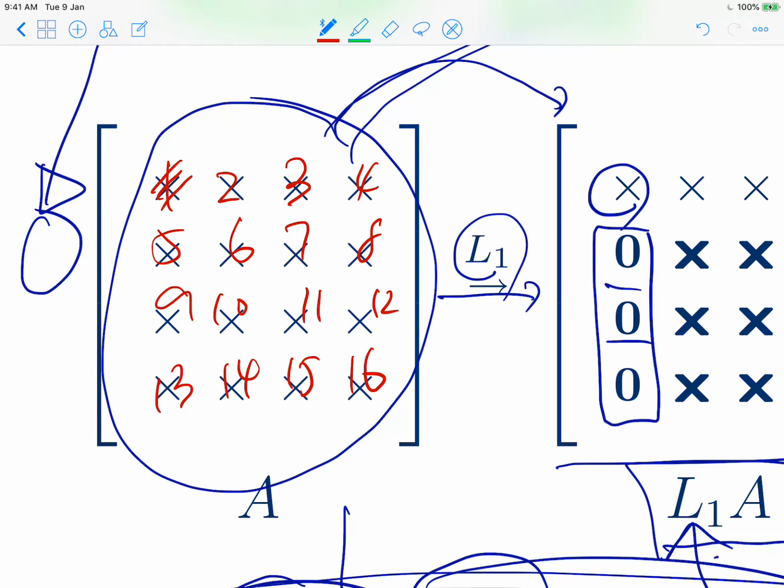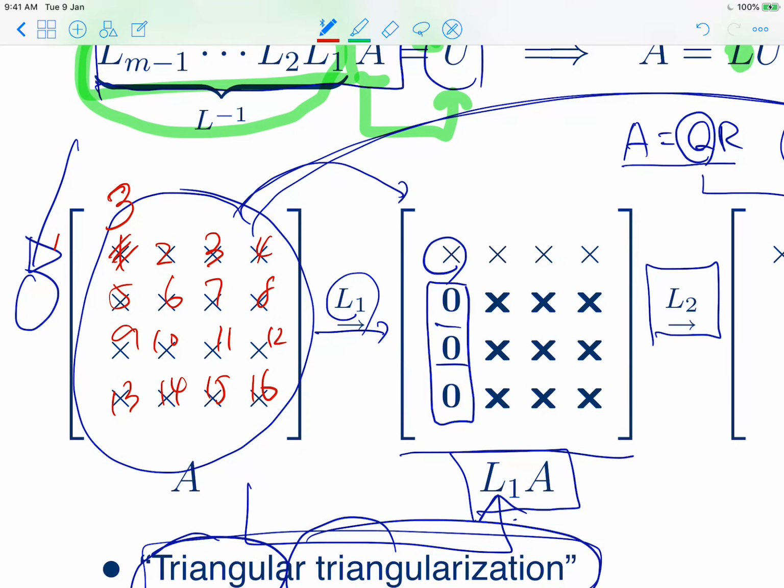Let me change it to maybe 3. In this case, we want to obtain the first matrix L1, and how can we introduce zeros in this place? We just multiply this matrix L on the left.